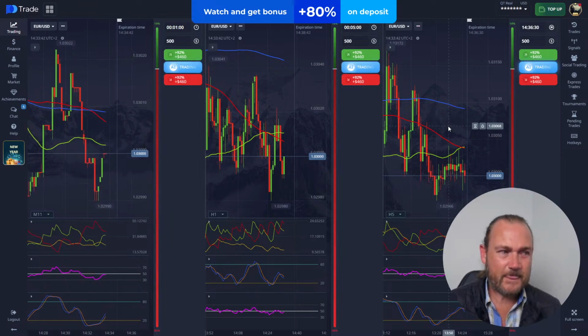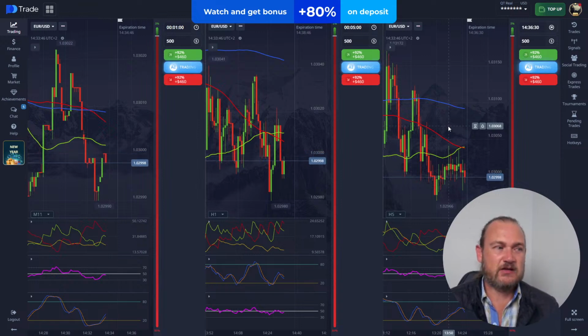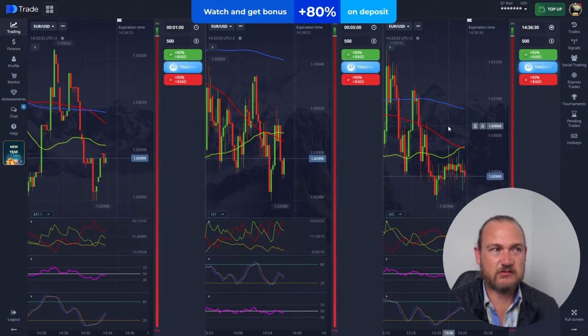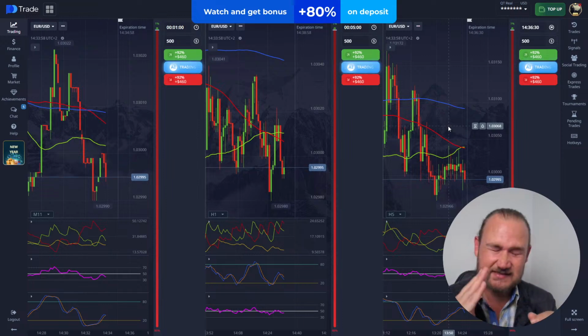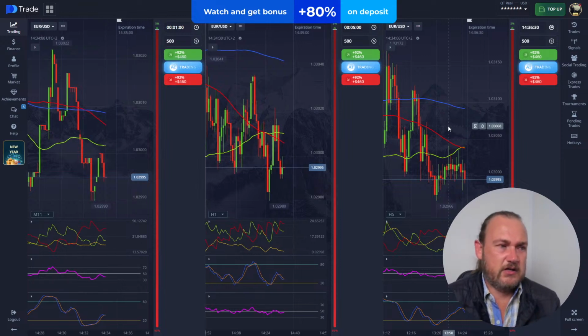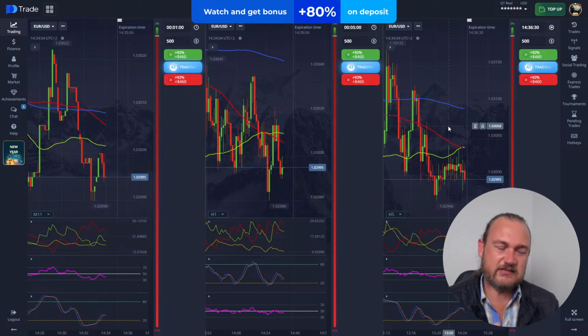So if we use multiple time frames, we get to align our trades with the bigger trends, and this improves our chances of winning. This will increase our win rate. I really don't like the saying the trend is your friend, because it's true, but it's also not true.